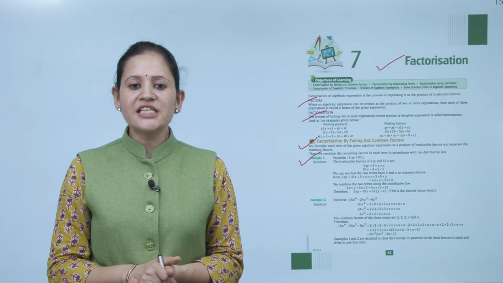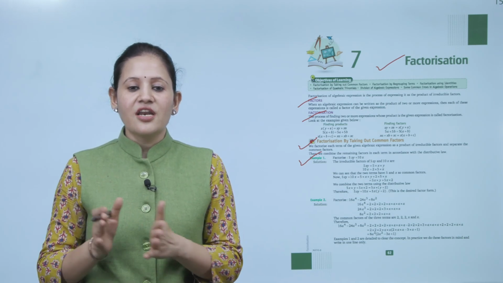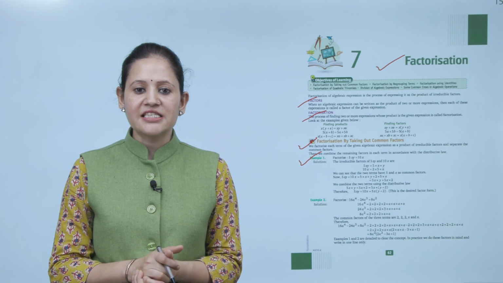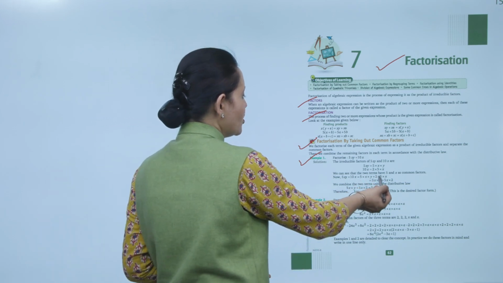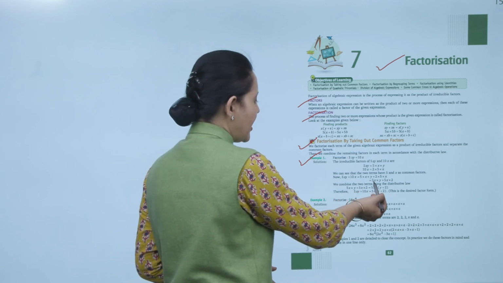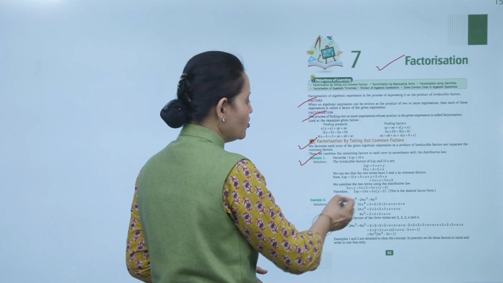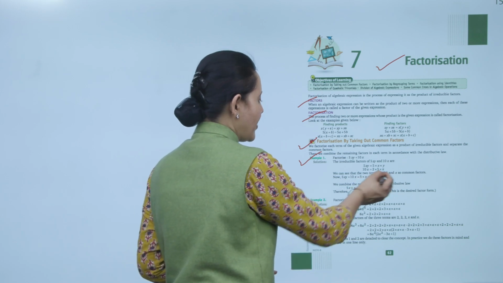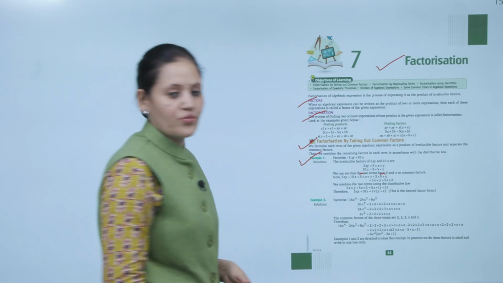Clear? So we can see that the two terms have 5 and x as a common factor. Now 5xy plus 10x equals 5xy plus 2 into 5x. So 5x into y plus 5x into 2, because 5x is in both.